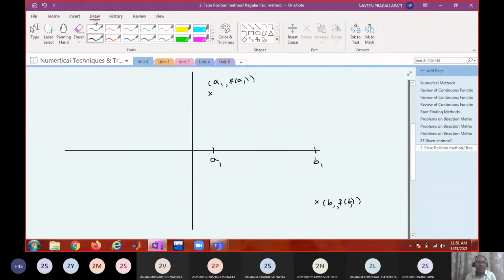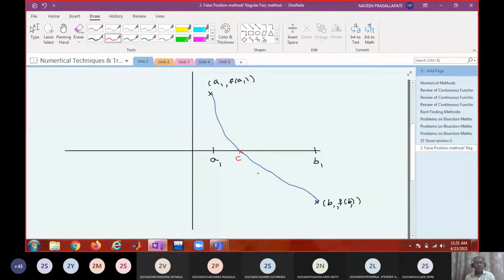Okay, so let's say the graph is like this. Where is the exact root? The exact root is here, where the curve is meeting the x-axis. So let us say C is the exact root.